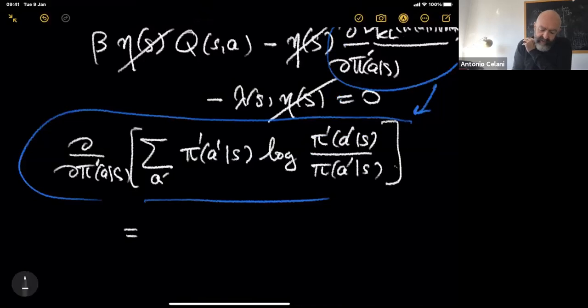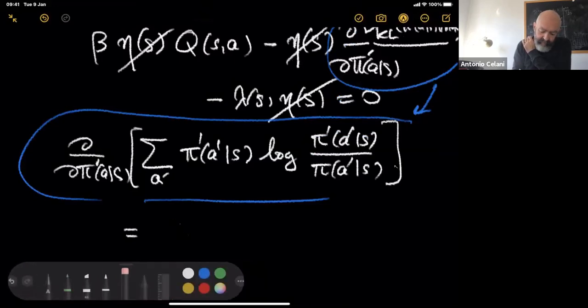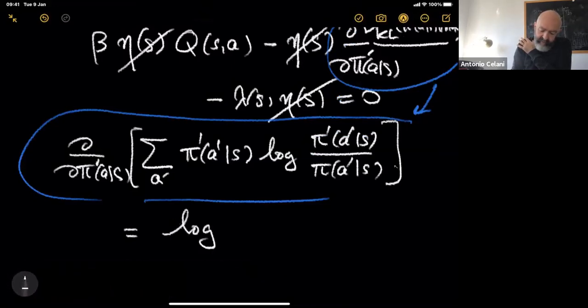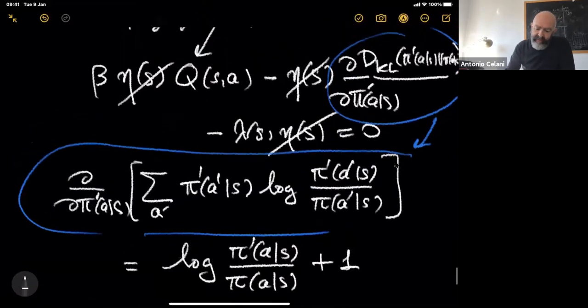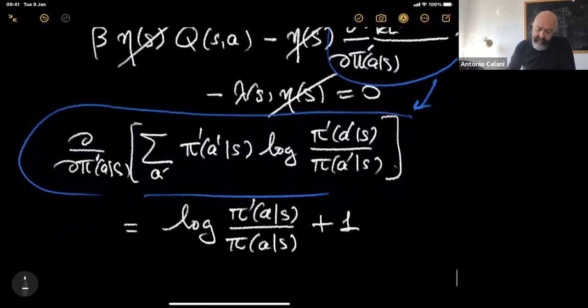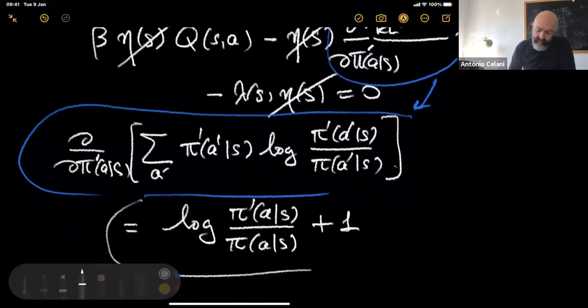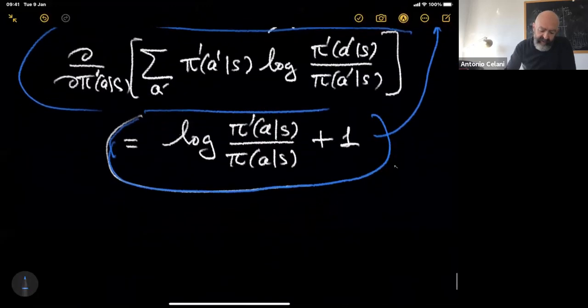You just get logarithm of pi prime a s divided by pi a s plus 1. And then I can plug this back in here. And what do I find?